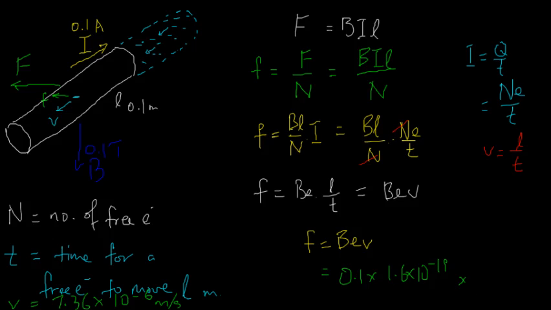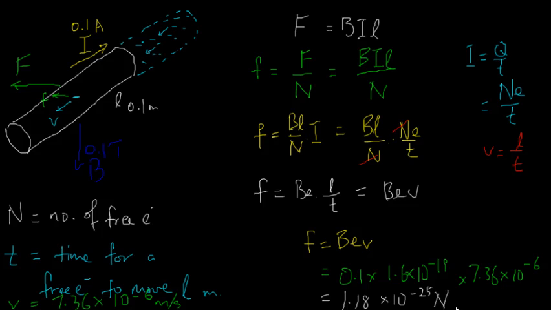And v is this value here, 7.36 times 10 to the power of minus 6. Therefore, using a calculator, we can find the force on a single electron, and the answer is 1.18 times 10 to the power of minus 25 Newton.